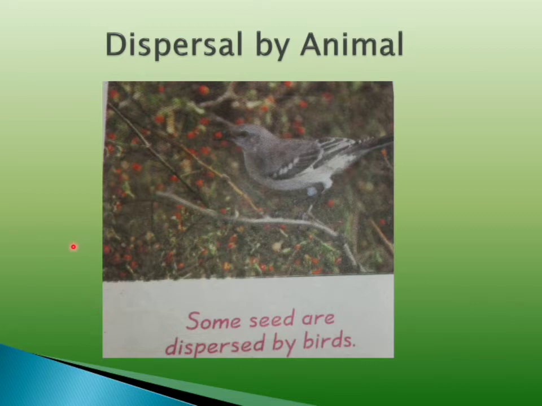Actually, human beings and animals eat fruits like cherries and mangoes and throw away their seeds. Some seeds have hooks or spines. They get stuck to the hairy skin of animals and are carried away. Birds swallow some seeds which come out unchanged in their droppings. So this is called dispersal by animal.